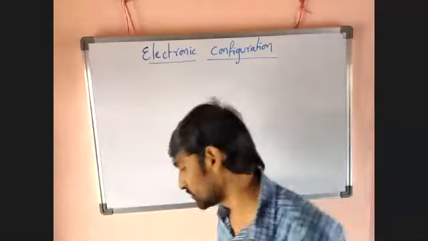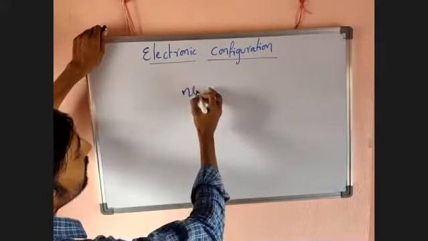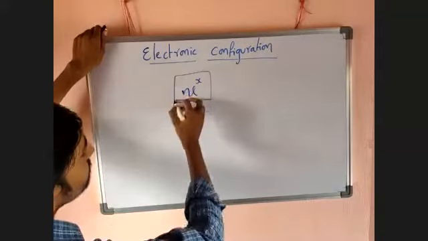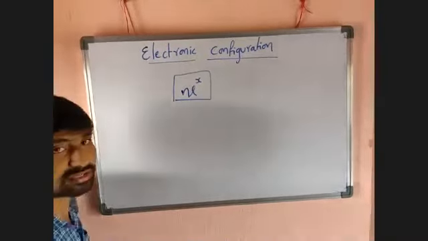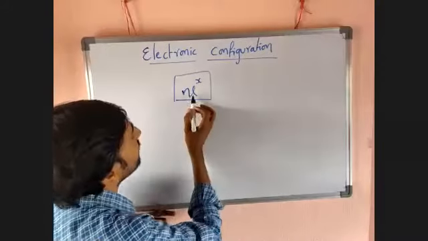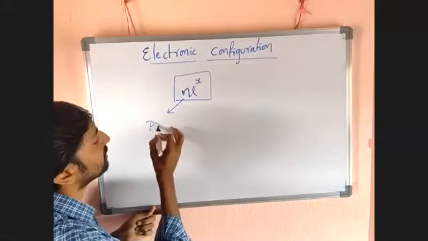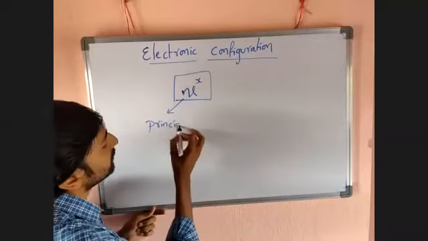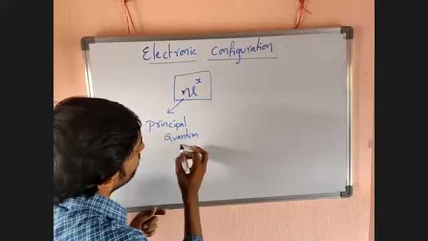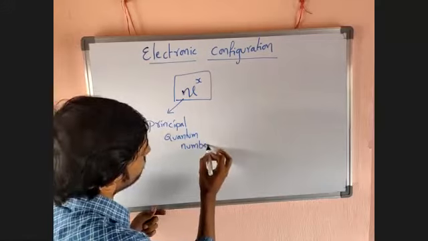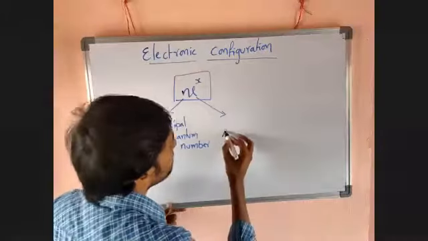Particularly, the general formula for electronic configuration is n l power x. What is the general notation for electronic configuration? n l power x. n is what? Yesterday I told you. What is n? Principal quantum number. l is what?